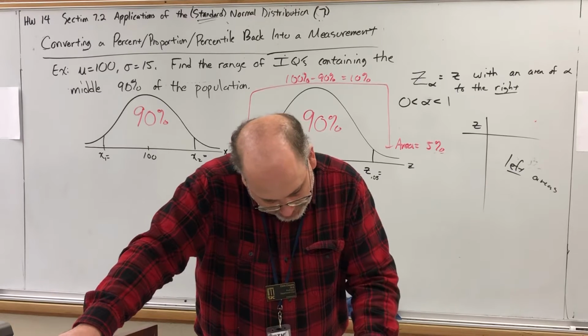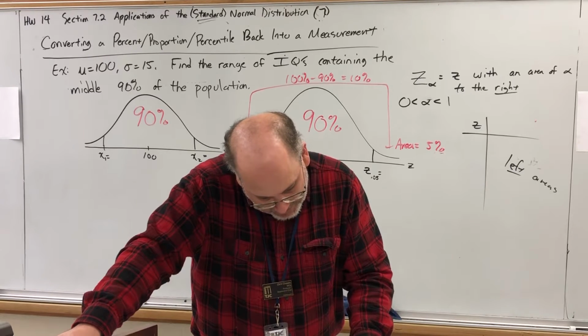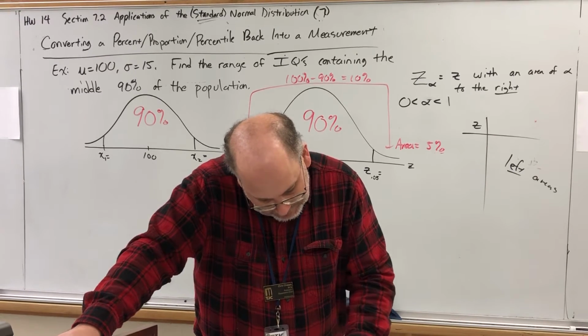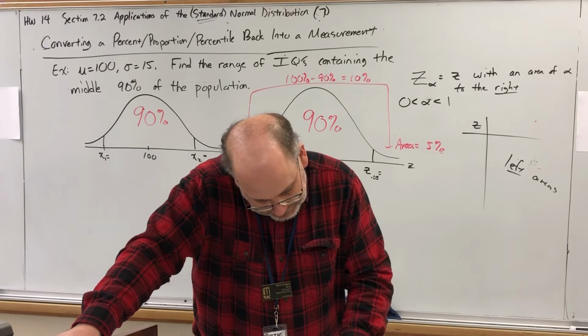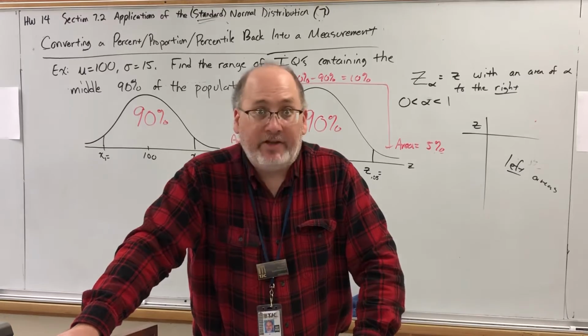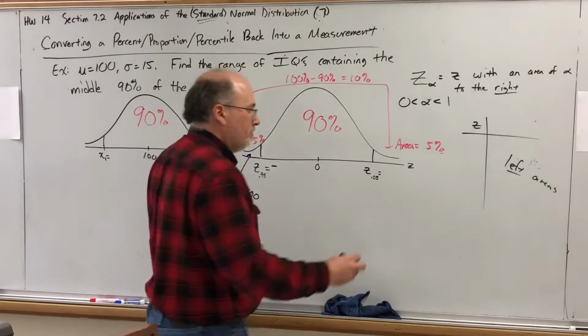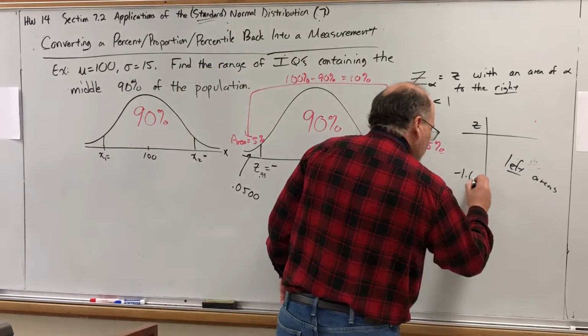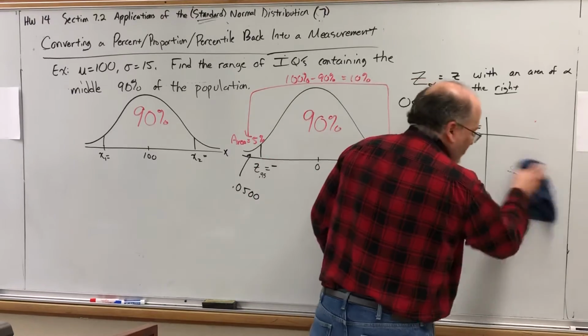You might want to pause the video and look for it for yourself, because I'm about to tell you where to find it. Okay. Go to the negative 1.6 row and go across.